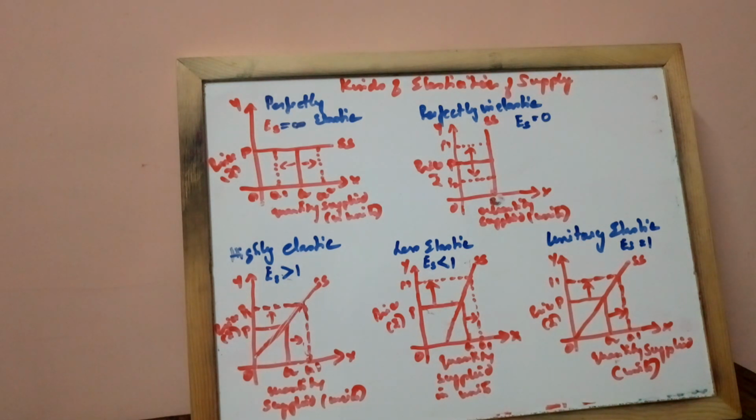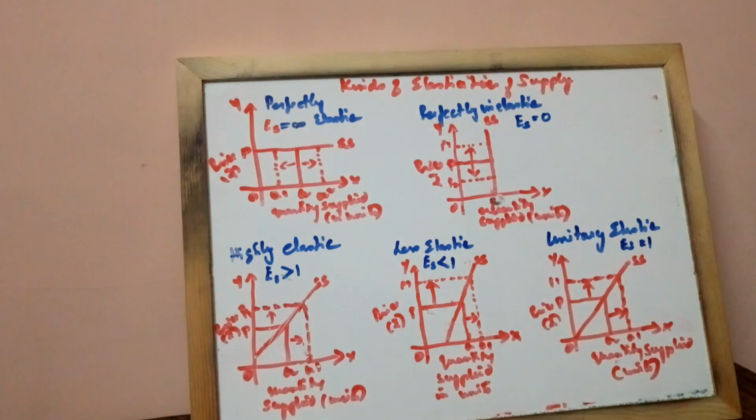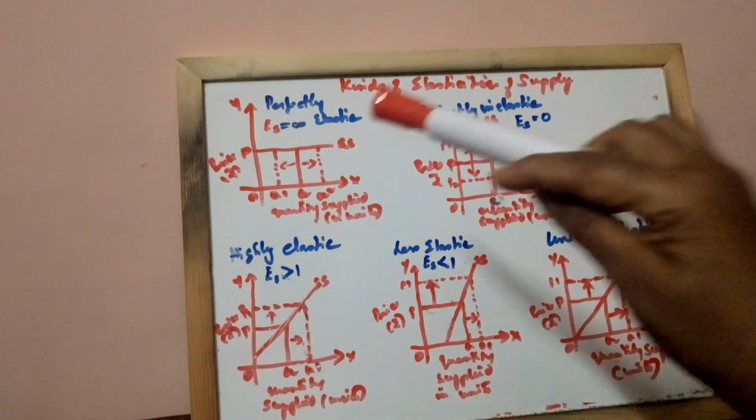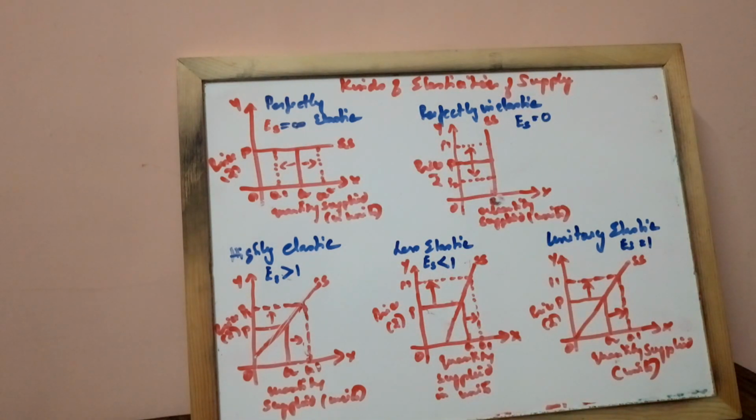So here elasticity of supply is equal to infinite. So the supply curve lies horizontal to the x-axis. So you find it decreases and it increases.